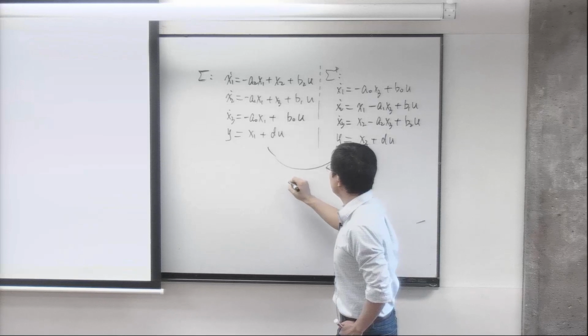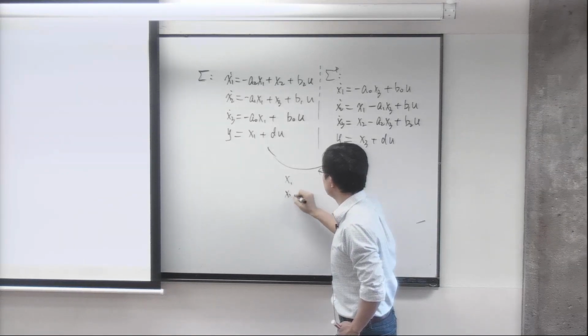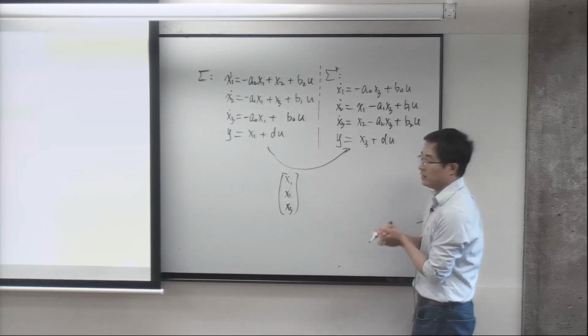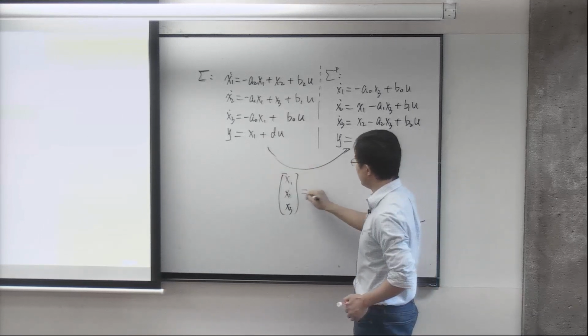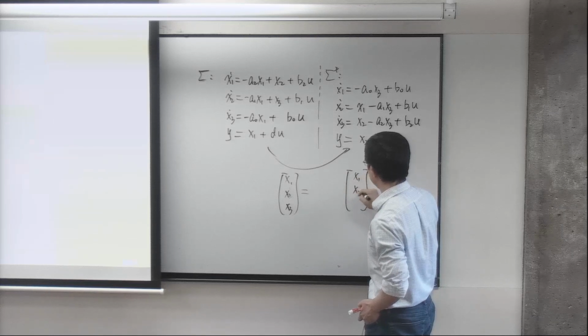So let's do x1, x2, x3 for the first system, and then let's consider the new system states.